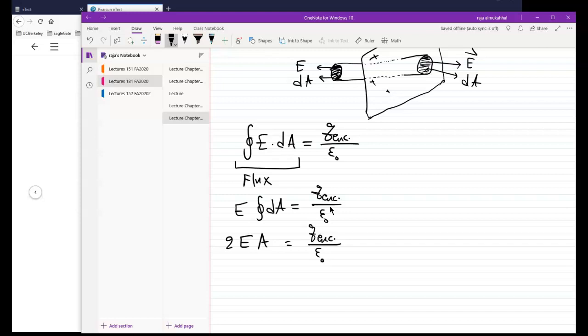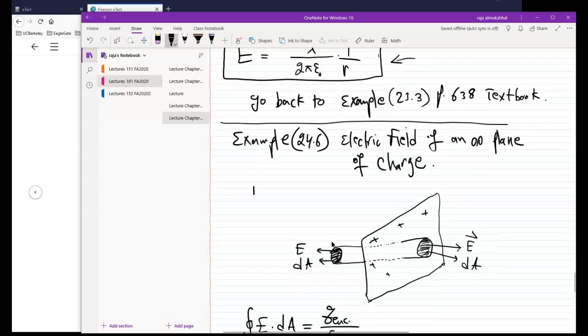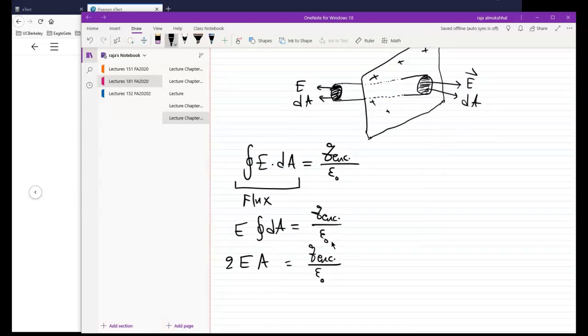That's the first thing. Second, what is the Q enclosed? He didn't give it to me. He said that the surface charge density is sigma. Well, we know that sigma is equal to Q over the area, so Q is basically sigma A. Now I go back and plug it in here.